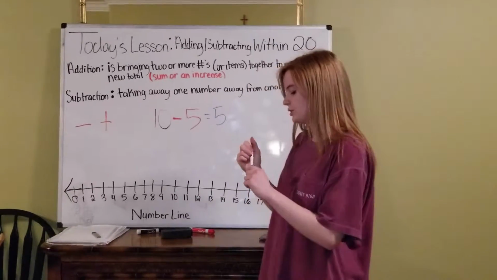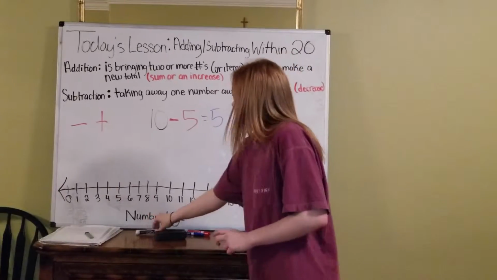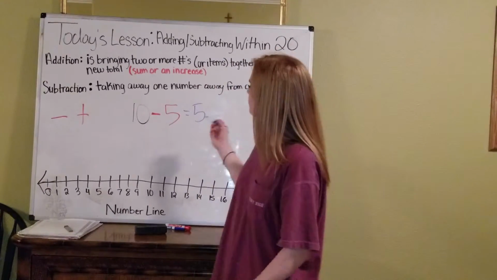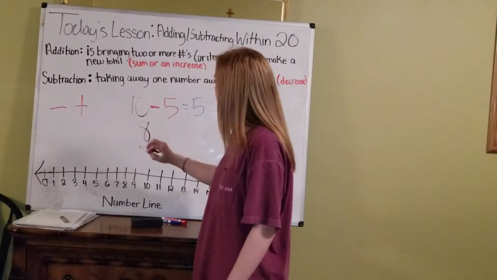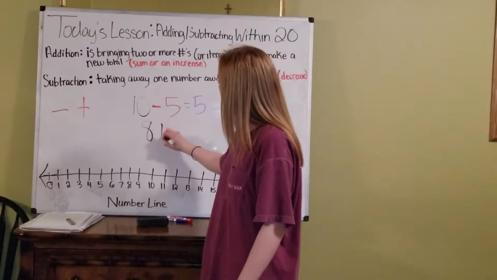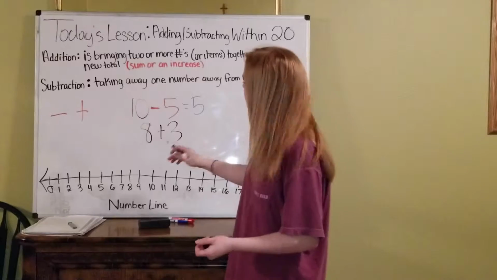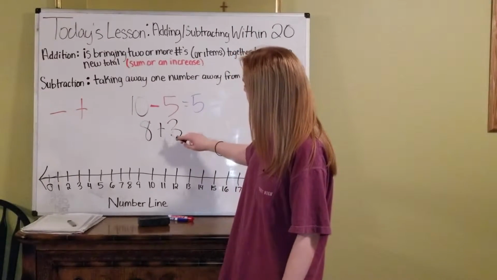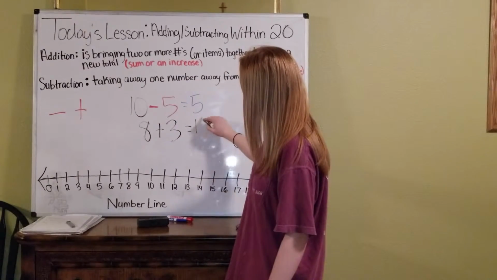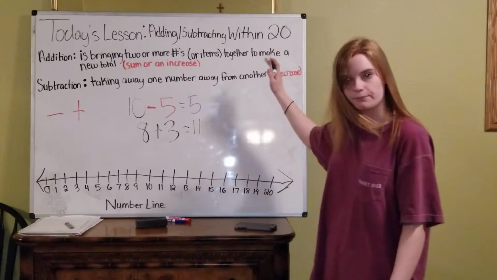But if we were to start off with the number 8, and then we add that to 3, that will basically be 8, 9, 10, 11, which is within 20.